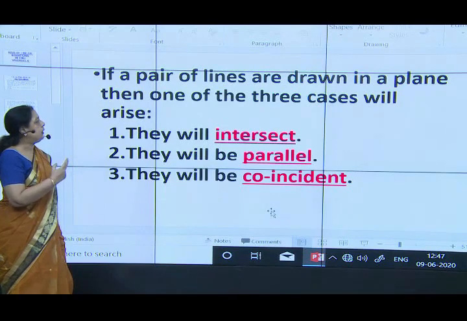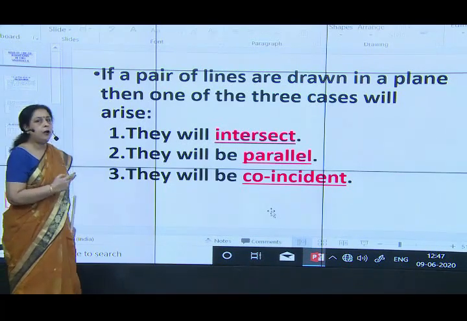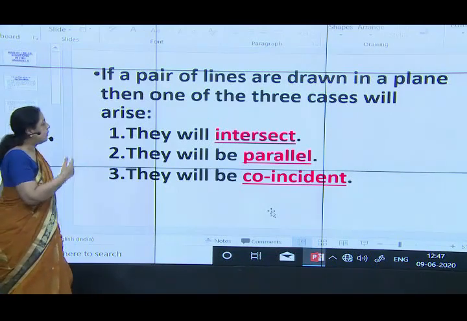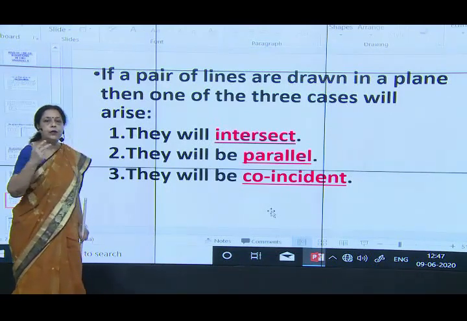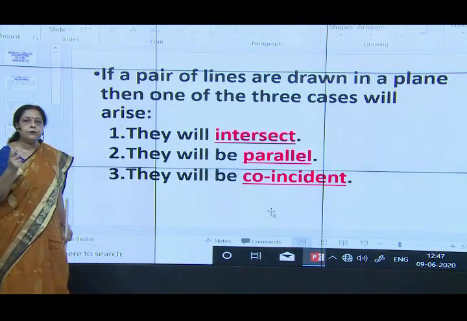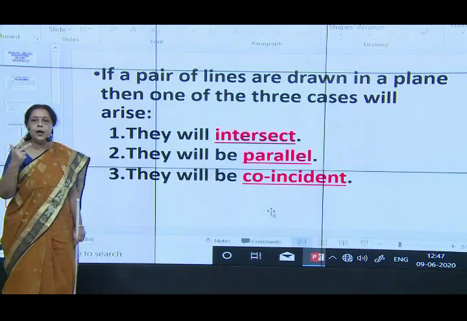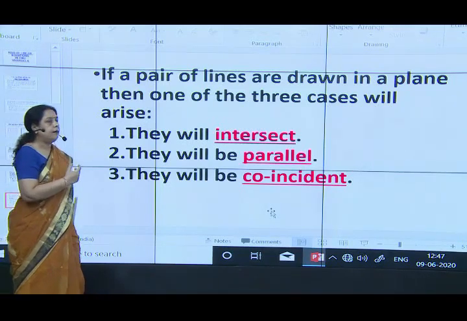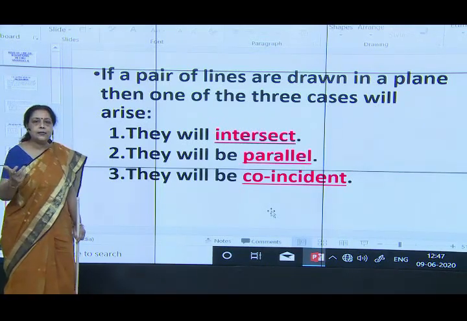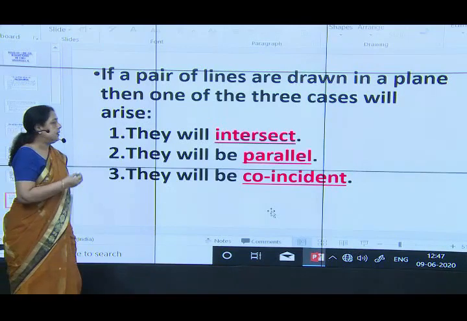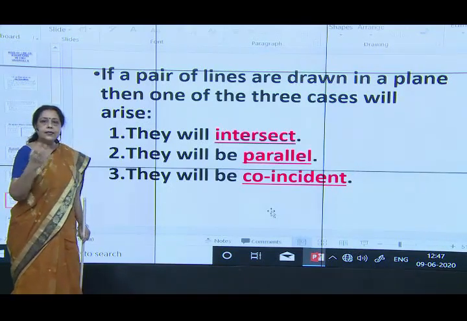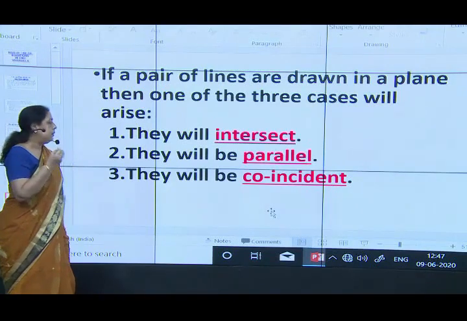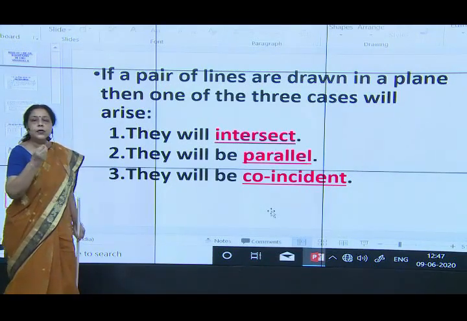So if we have a pair of equations, then we have a pair of lines. If we have a pair of lines in a plane, then three cases may arise. They will intersect, they will be parallel, or they will be coincident.